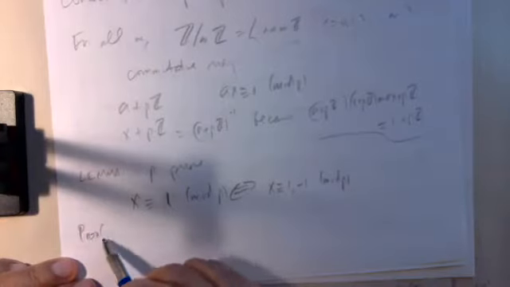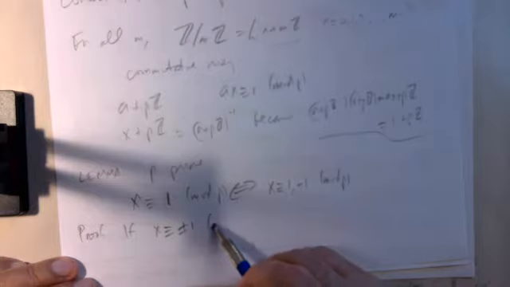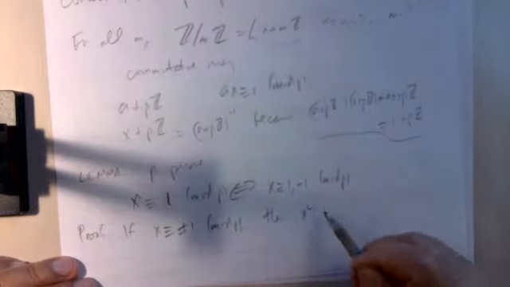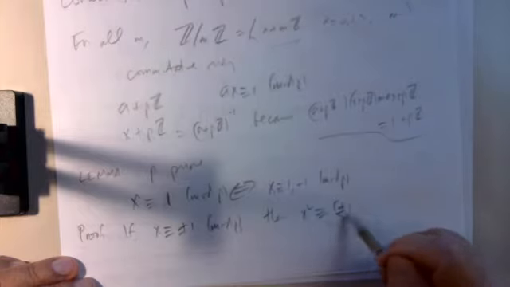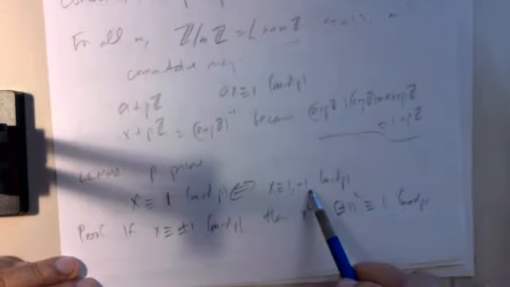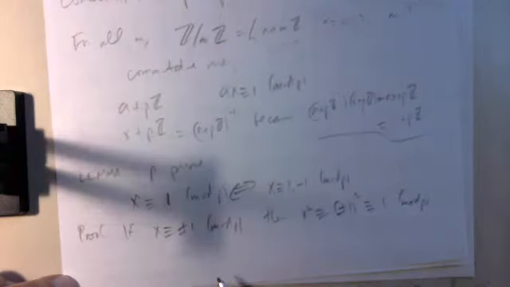Proof: if x is congruent to plus or minus 1 mod P, then x squared is congruent to plus or minus 1 squared mod P, but that's always 1 mod P. So if x is one of these two congruence classes, you have a solution to this congruence.